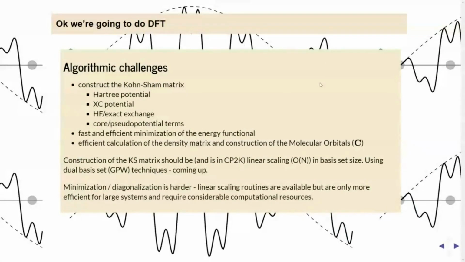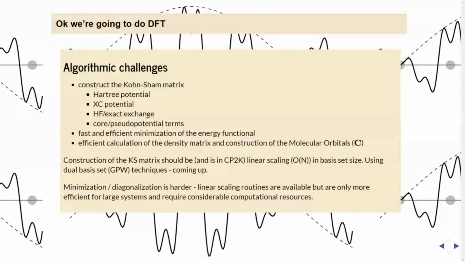So really, the whole business of setting up a code to do DFT is to construct this Kohn-Sham matrix, this Hamiltonian matrix, which tells you about the energy of the system in terms of these basis functions. There are various terms that you need to calculate. It's normally the electrostatics, the exchange correlation, so this strange non-classical interaction of electrons.